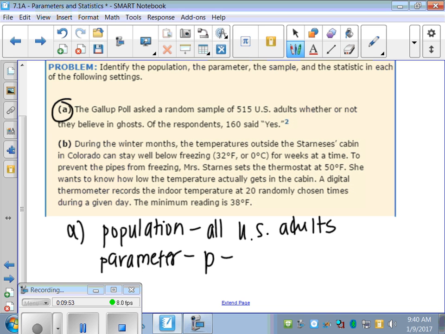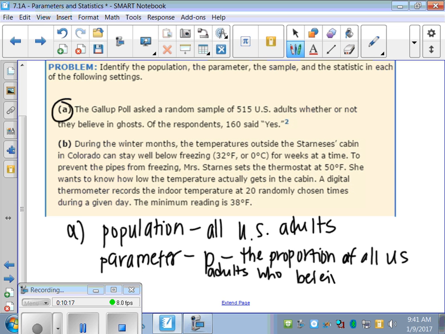It's always P because it's a proportion in this case. And we want to find the proportion of all U.S. adults who believe in ghosts. If we knew that number, we would write it down. Okay? Sometimes it's given in the problem.